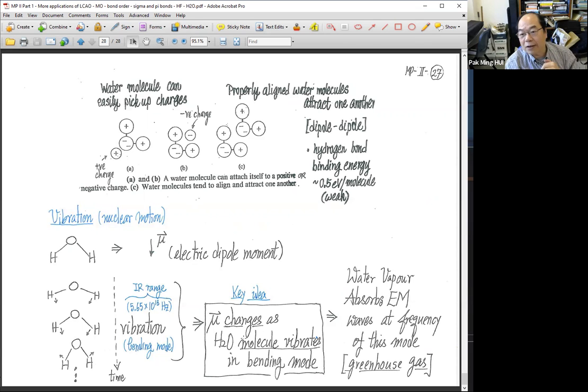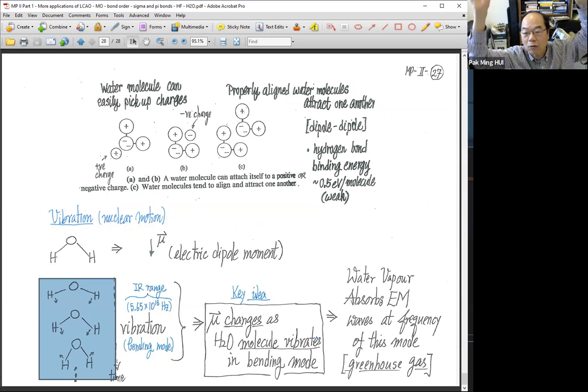Because of this fact, water vapor absorbs infrared at a very particular frequency, this normal mode frequency. But this frequency happens to fall into the range that the Earth wants to radiate out.